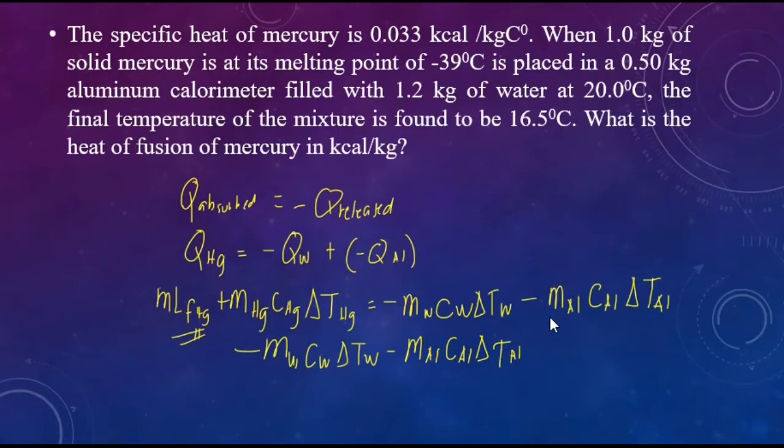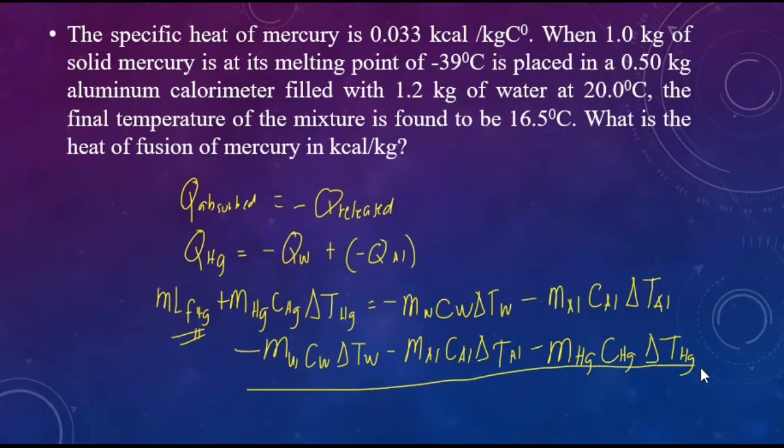Then I'll transfer this on the other side, so that will be minus mass of the mercury, c of the mercury, and then delta T for the mercury, all over mass of the mercury. So this one is our equation for the latent heat of fusion for mercury.